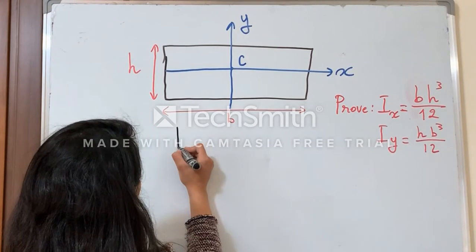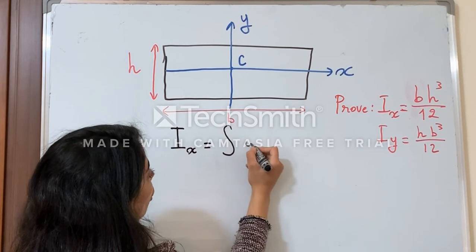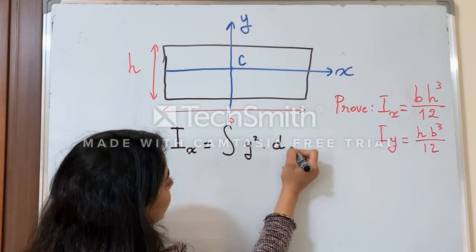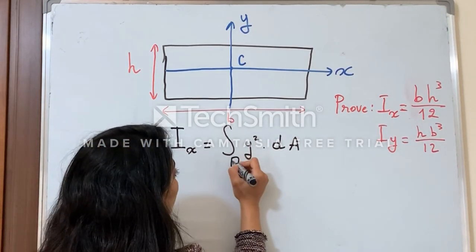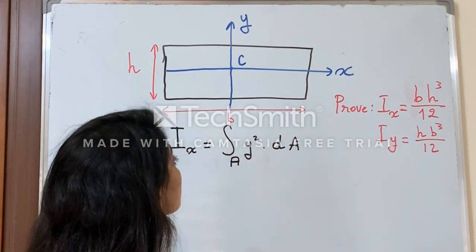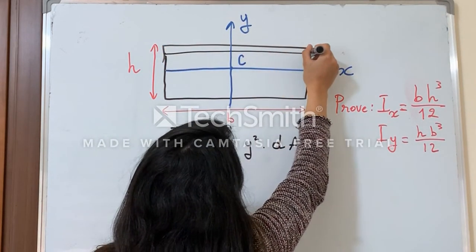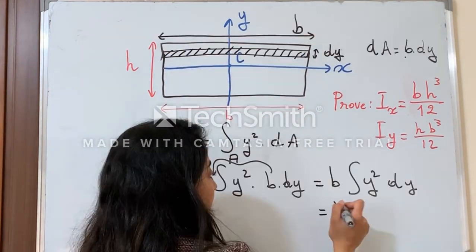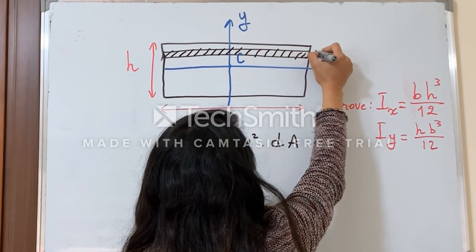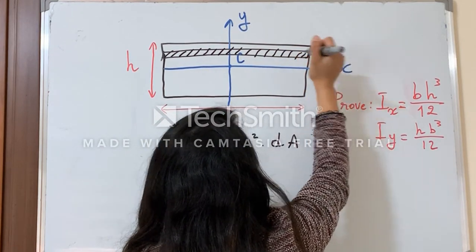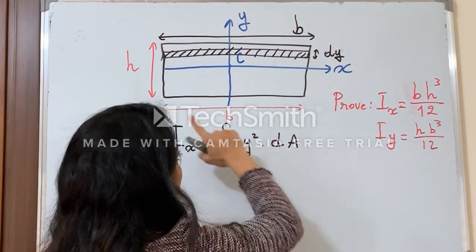I know from the definition that Ix is equal to the integration of y squared dA over A. So I'm going to take a differential area. This area basically, guys, is dA. It has a height of dy and a length that is equal to b.